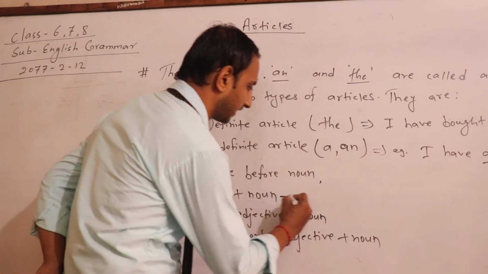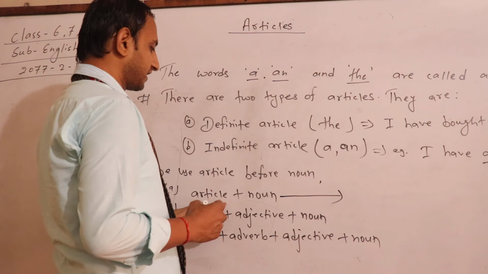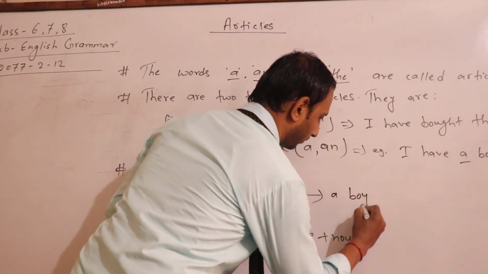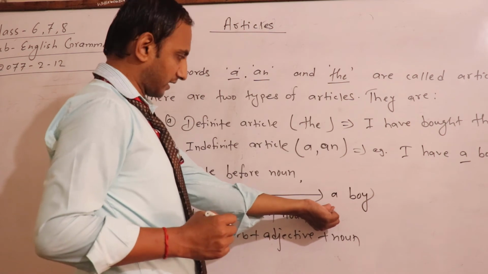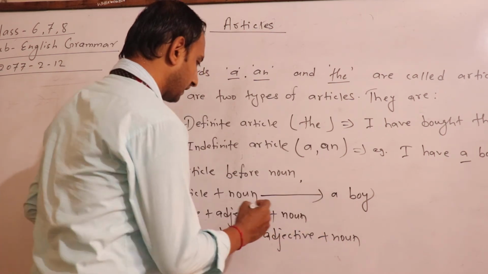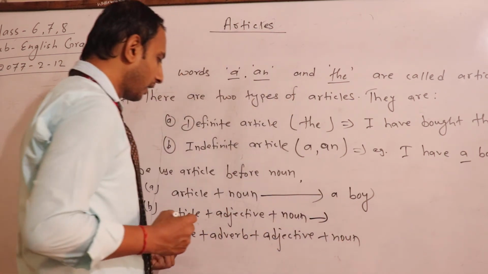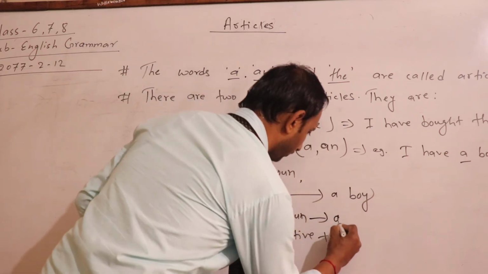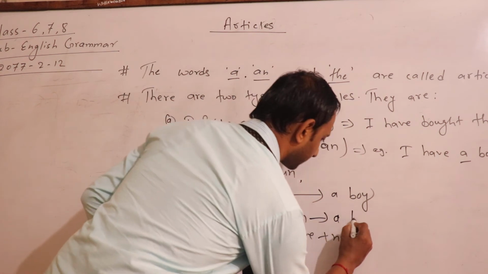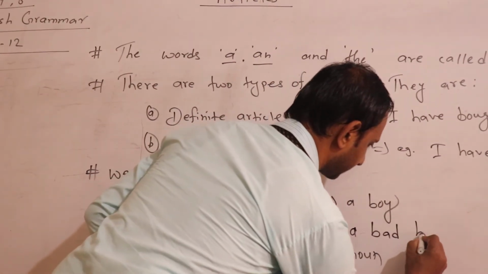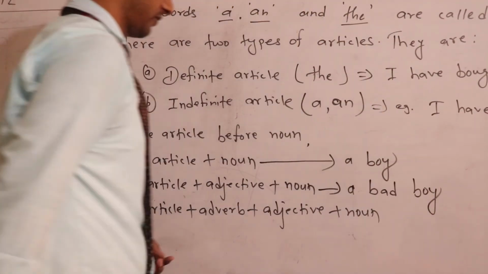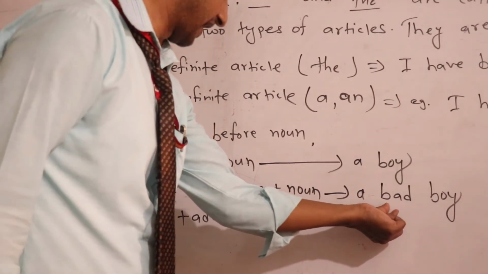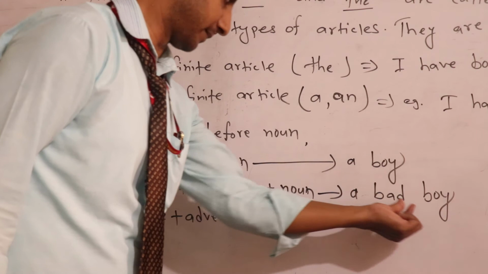So let's see the example here. How? Article and noun: a boy, article and boy, noun. In the same way, article plus adjective plus noun: a bad boy. Okay. Article a, adjective bad, noun boy.